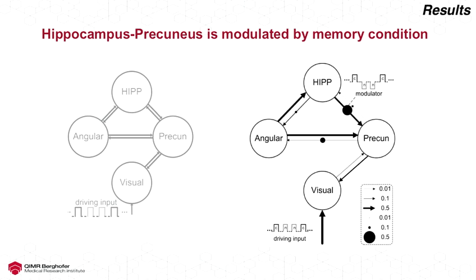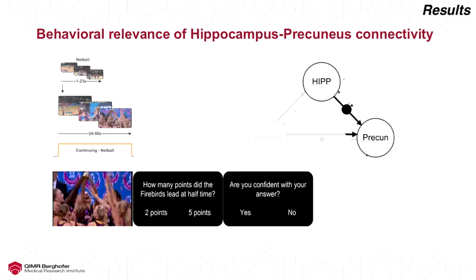Then we asked, what is the behavioral relevance of these network connections? Going back to our task, we designed a recall task after the imaging session, where the participants were asked to answer questions about the news clips they viewed, and also to rate how confident they felt about their answers.